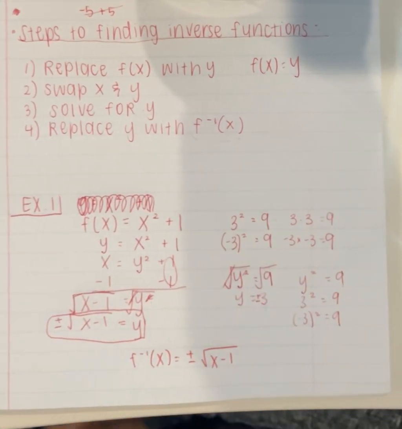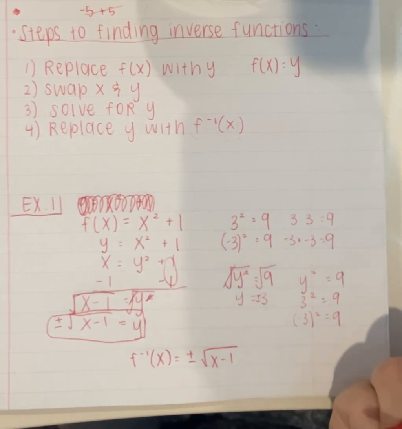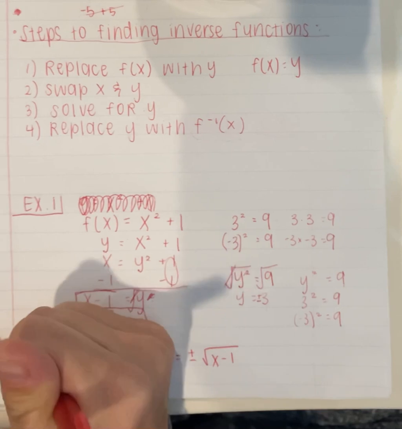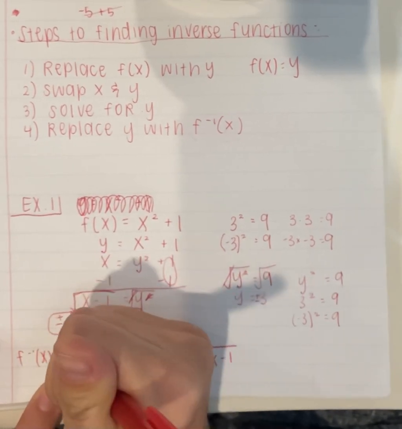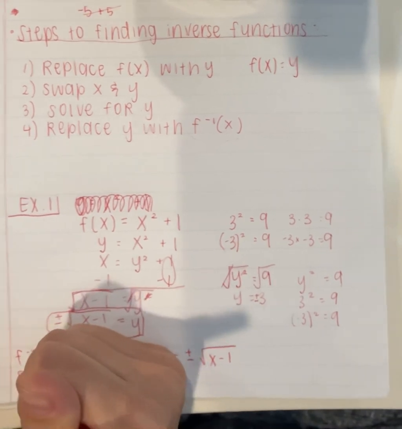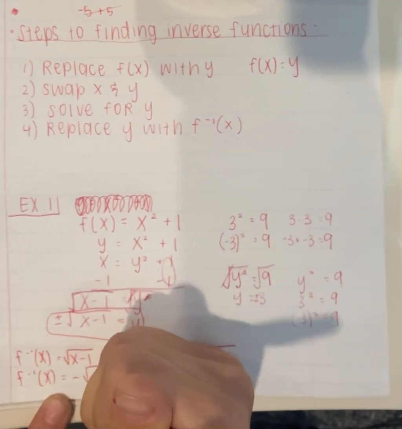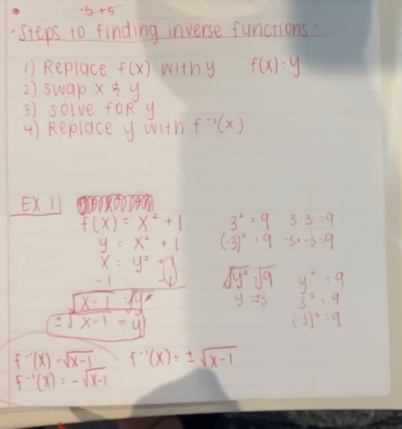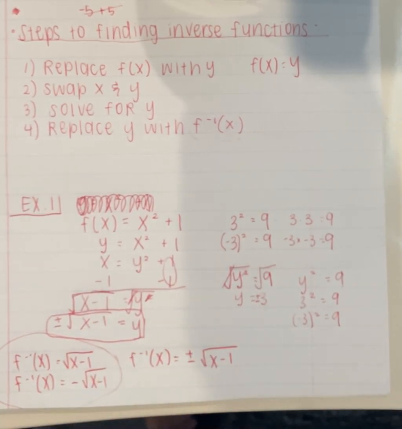Or you could list out the two answers. Your two answers would be a positive square root of x minus 1 as well as a negative square root of x minus 1. Okay, you have both answers. And I'll show you why.